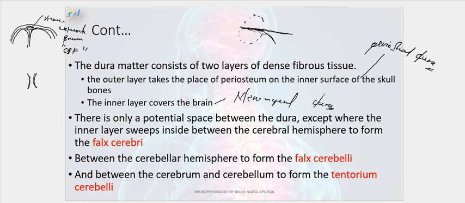There will also be an invagination of the meningeal dura in this area, forming another venous space or another falx. And between the cerebrum and the cerebellum, there is the tentorium cerebelli. So maybe if we can go to the images, not sure whether it is clear adequately, but we can just have a look.